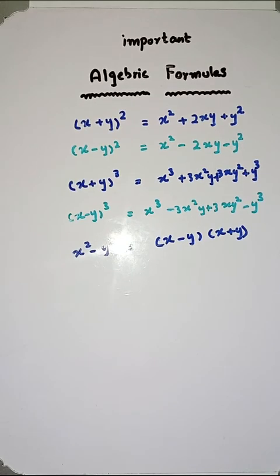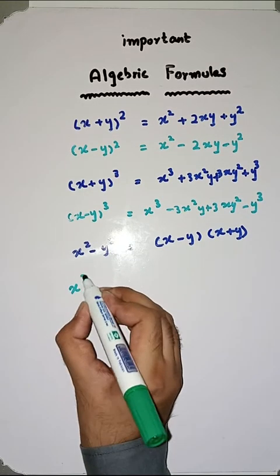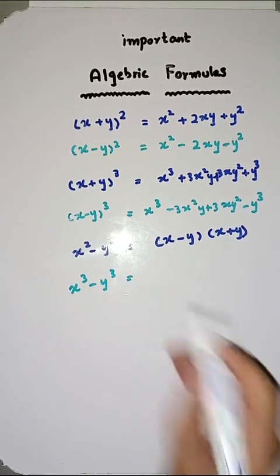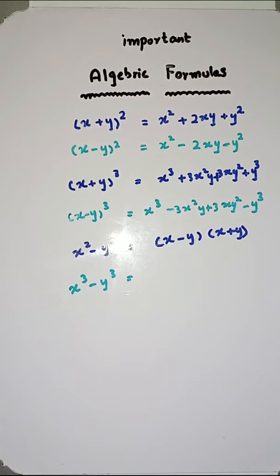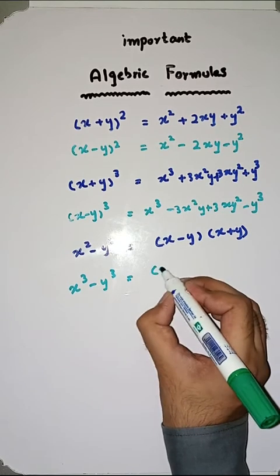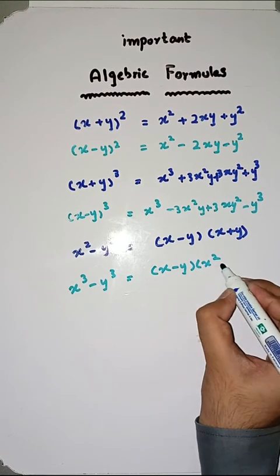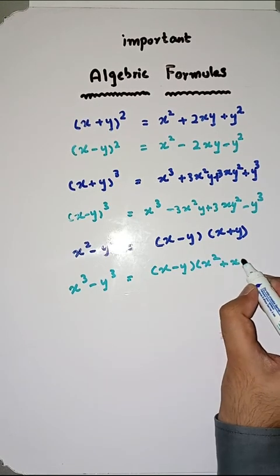Next one is x cube minus y cube, which is equal to x minus y into x square plus xy plus y square.